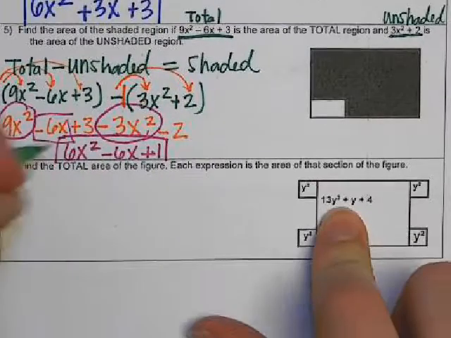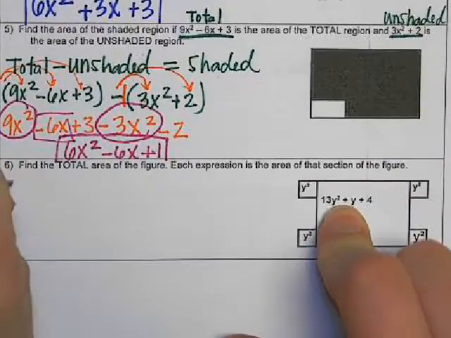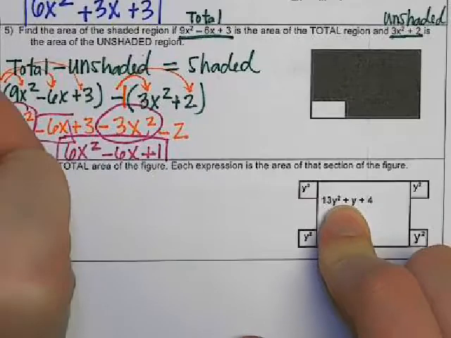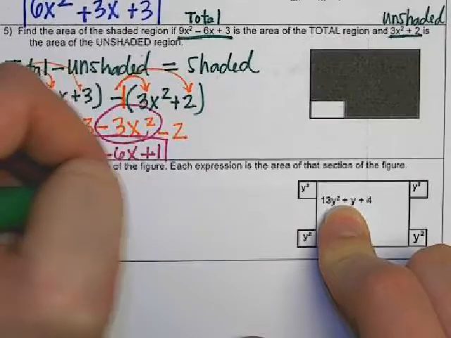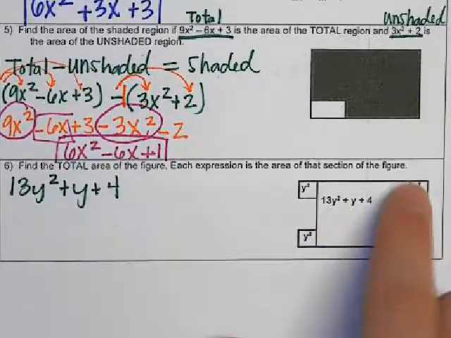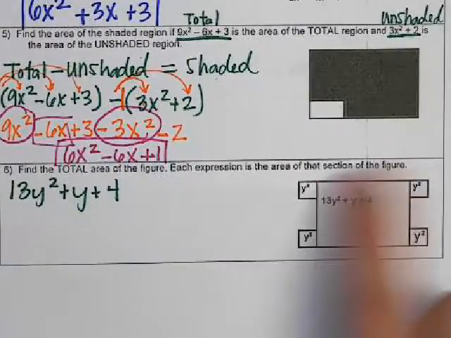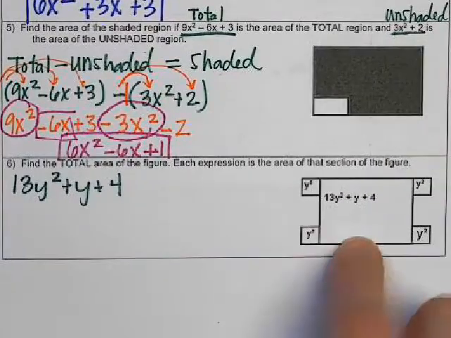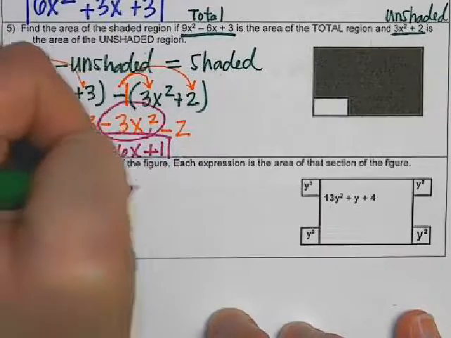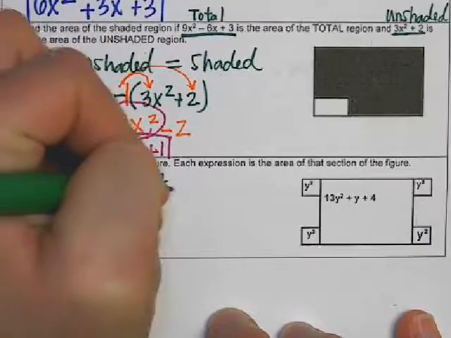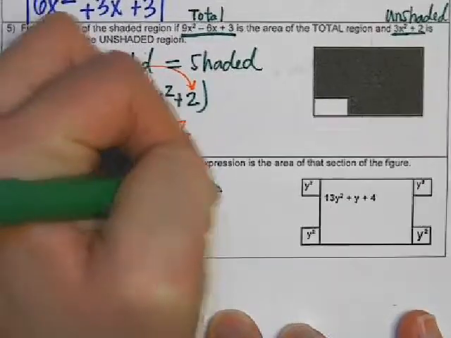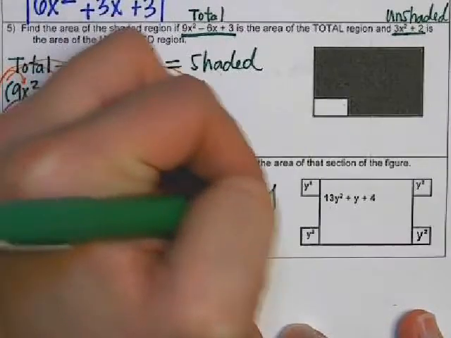No. So I'm going to go ahead and start with the big one. 13y squared plus y plus 4. So I took the big region, and now I'm going to add each little box to it. What's the little boxes? Y squared. So now I'm going to have 4 of those. Y squared plus y squared plus y squared plus y squared.